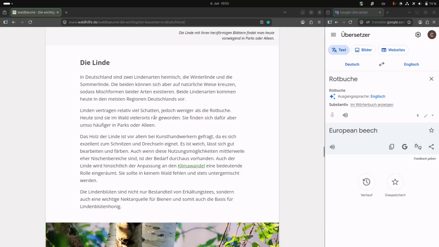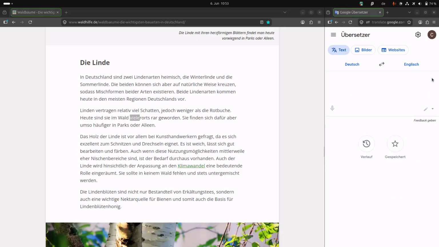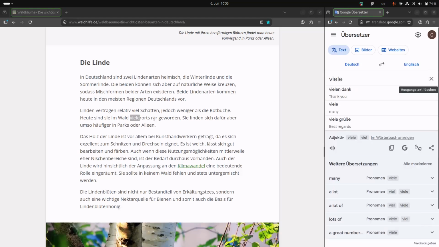Heute sind sie im Wald vielerorts rar geworden. Heute, nowadays, or today, nowadays, sind, are, sie, they, in dem, in the, forest, Wald means forest, vielerorts derives from the word viele. And this is kind of an older word.